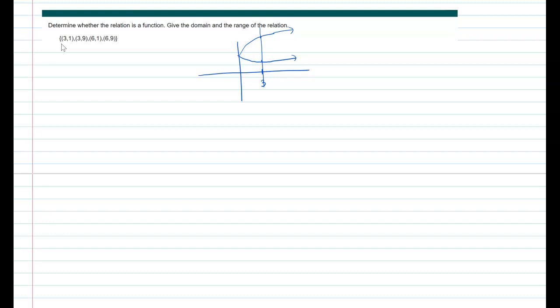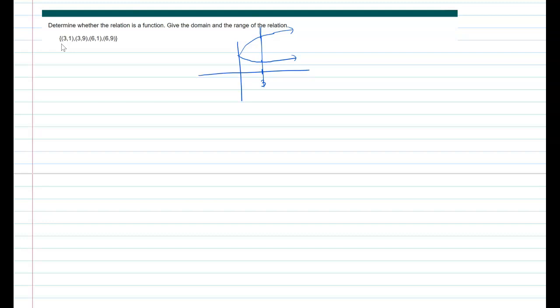When you say vertical line test, that means that if you create a vertical line on the graph of your function, it would only cross the graph at one point. If it crosses at two different points, then it is not a function, but rather just a relation.